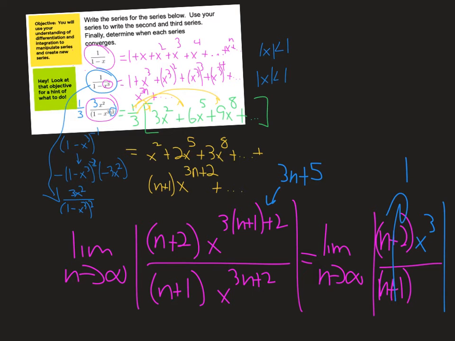If I had remembered my properties, like if I were to connect the domain of the derivative idea with this, since this one converges when the absolute value of x is less than 1, this one is going to converge in that same thing or smaller, because the domain of the derivative is equal to or smaller than the domain of the original function.